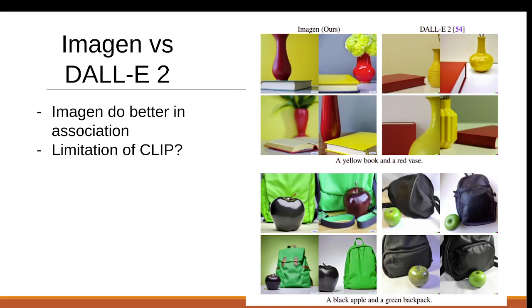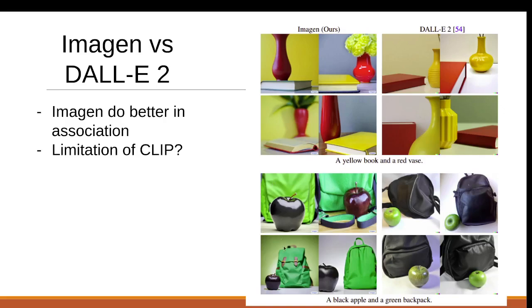Now, okay, then we compare between the Google and the OpenAI model. Google's model came out just a few weeks, 2 to 3 weeks, after DALL-E 2. And Imagen claimed to beat DALL-E 2. One thing it does exceptionally well is that it can associate the property to the object very well.